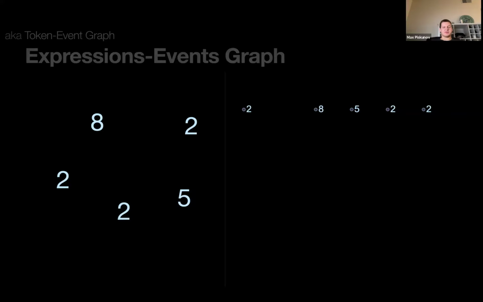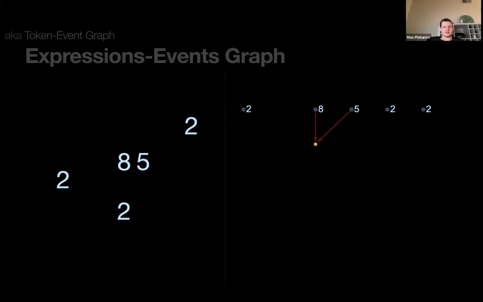Now let's see a different way of looking at the evolution of the system, which is an expression events graph. The expression events graph is on the right. In the beginning, we just have the initial state, which is represented by 5 expressions. The expression events graph has 2 types of vertices: expression vertices and event vertices.